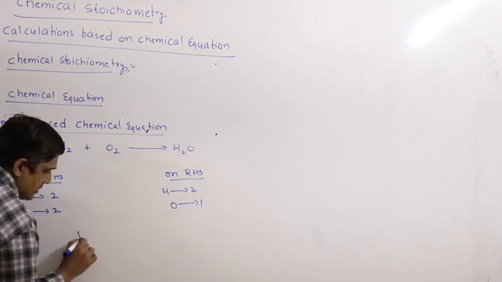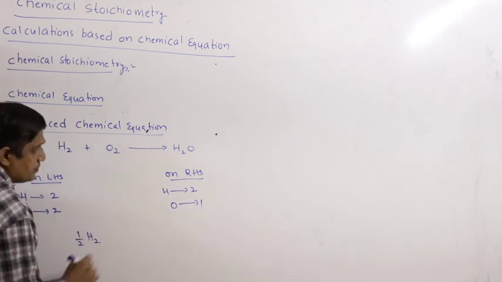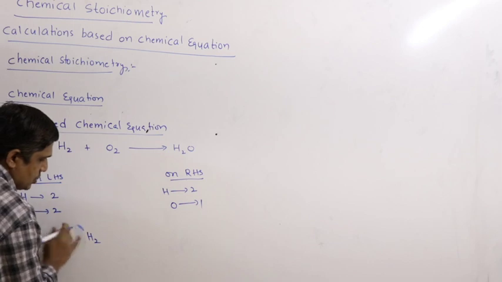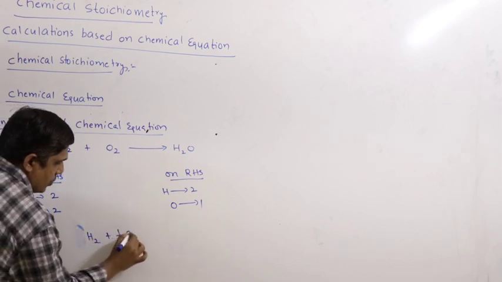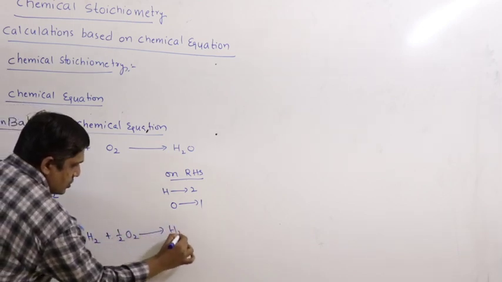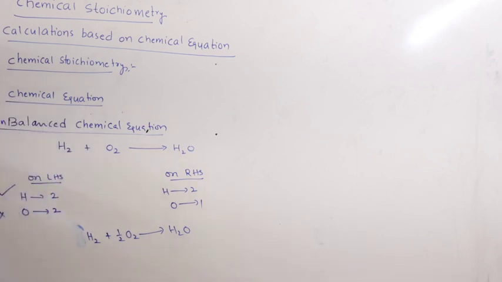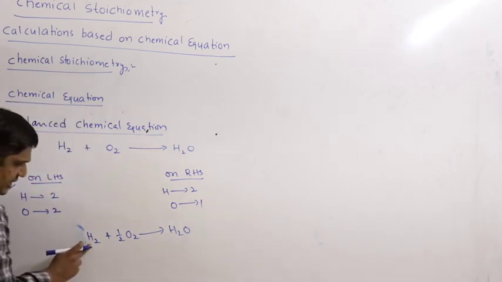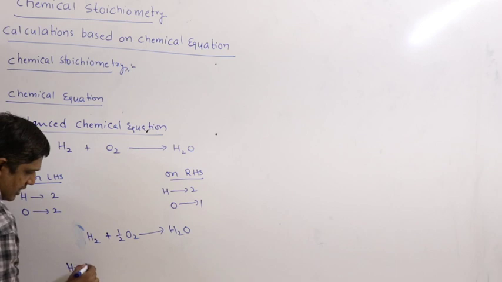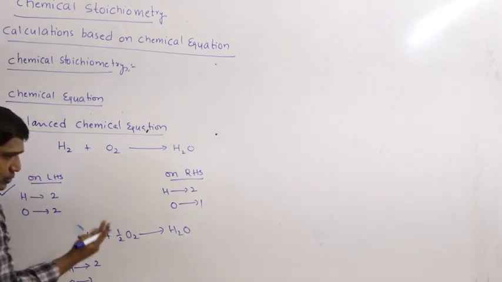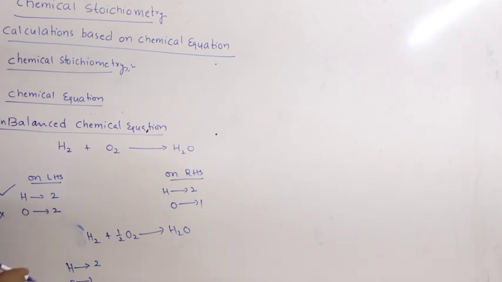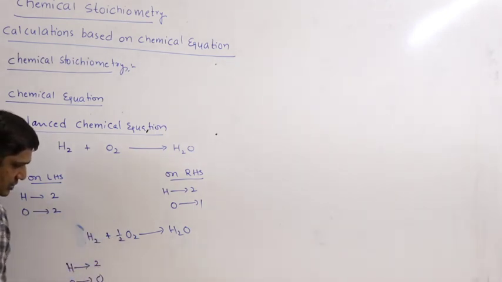Suppose I write like this, H2 plus half O2 gives H2O. On left hand side, how many hydrogen atoms do I have? 2. On right hand side, how many? Half O2. In O2 there are 2 oxygens. If I take half molecule, there will be only 1 oxygen.